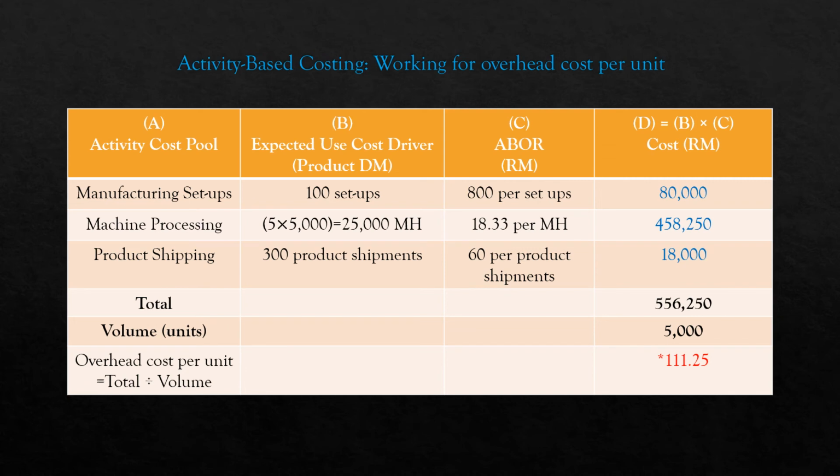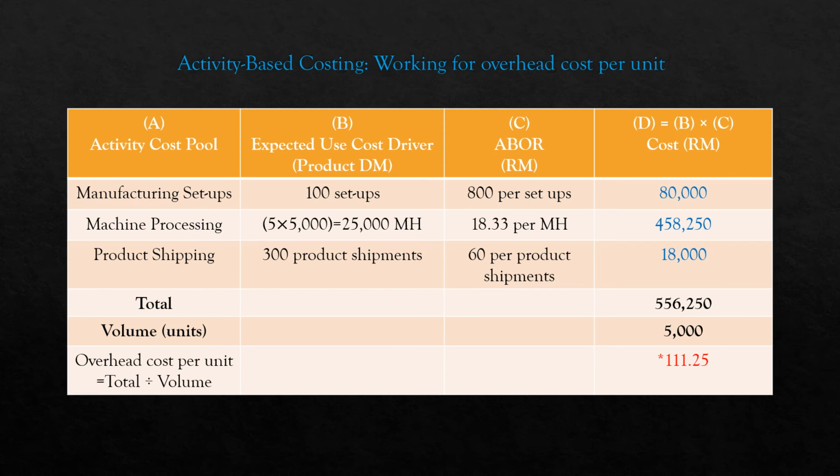So when we divide these two amounts, you will get the answer of RM 111 ringgit and 25 cents. For the total overhead of RM 556,250, you can get it by multiplying the expected use cost driver of product DM with the absorption rate.